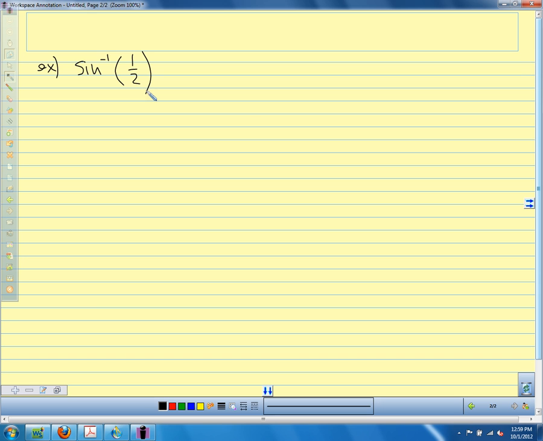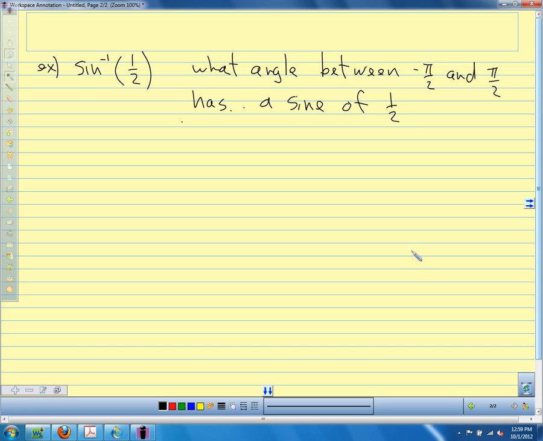When we see a problem like this, what can help you think about it is that this question is asking: what angle between minus pi over 2 and pi over 2 has a sine of 1/2?